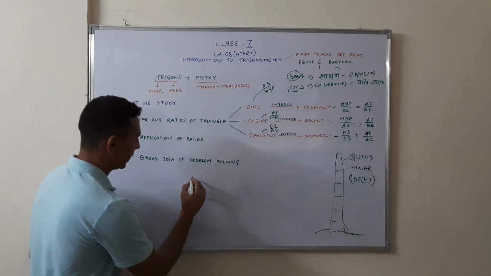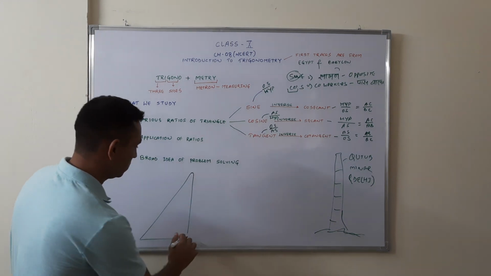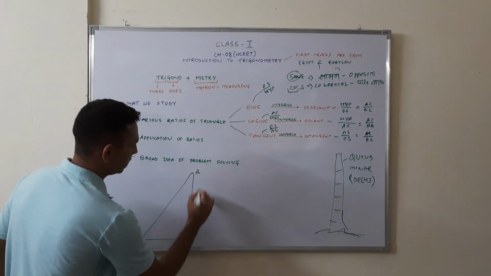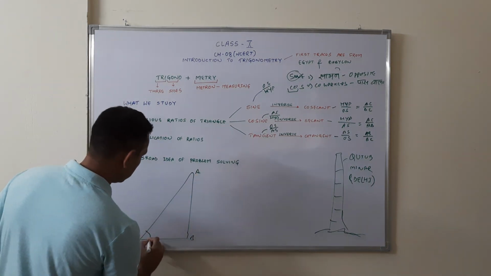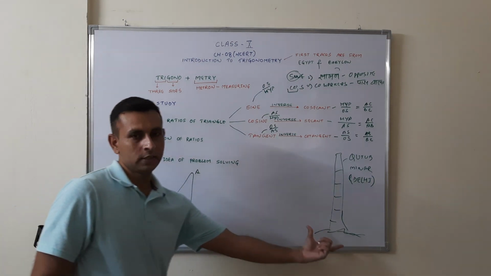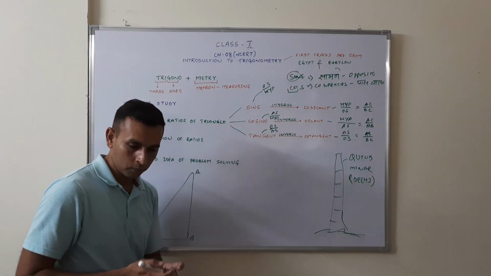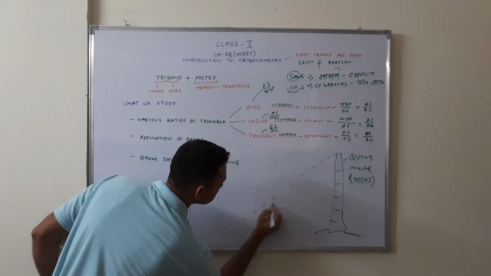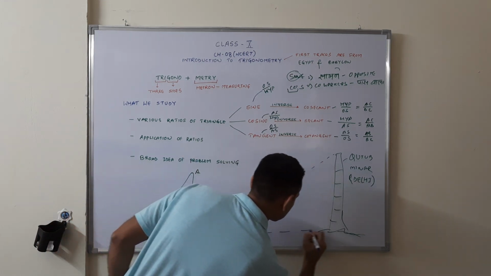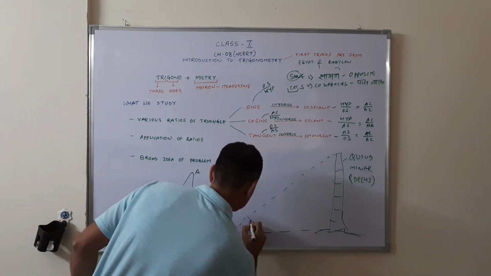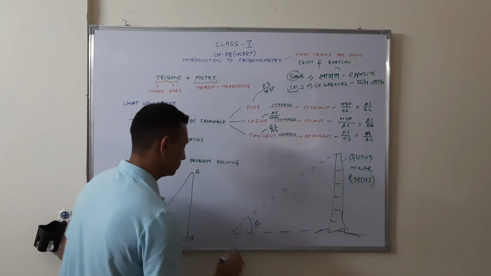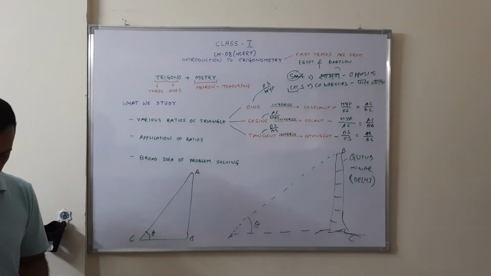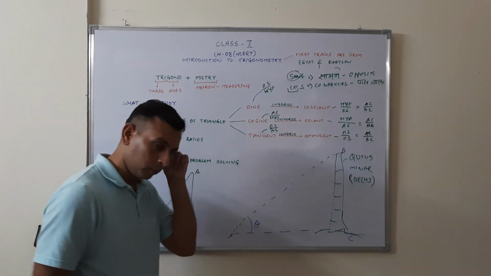We have a triangle, we have some trigonometric ratios, A, B, C angle. Can I apply this here? Yes. How? What do I do?